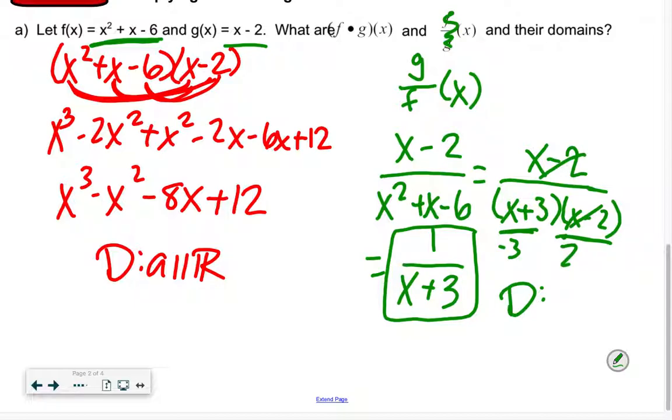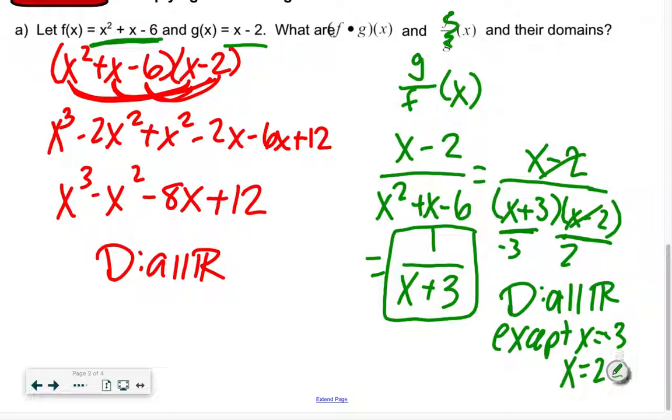So we're going to say your domain is all reals except x equals -3, and x equals 2. Because we cannot equal 0 in our denominator, I can't have my x equal -3 or 2. Okay, if it does, it's not a function.